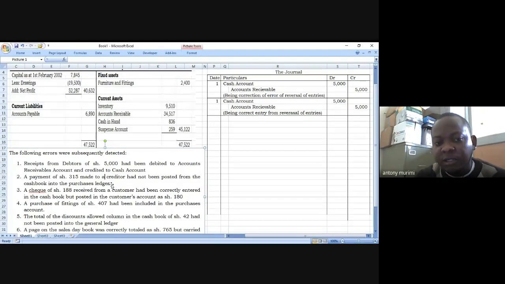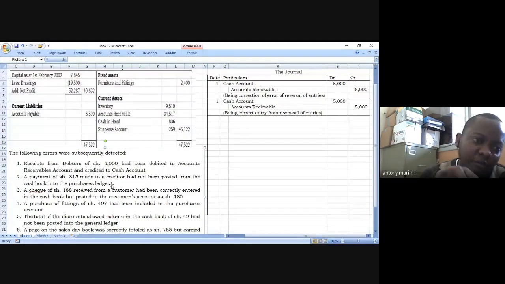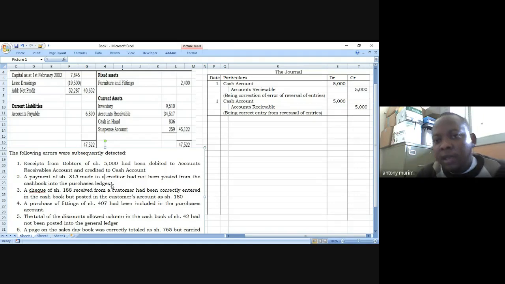It has a deficit of 315. So owing to this error, the trial balance will not balance, because there was an entry made on the credit side in the cash book, and an entry that should have been made on the debit side in the creditor's account was not made.